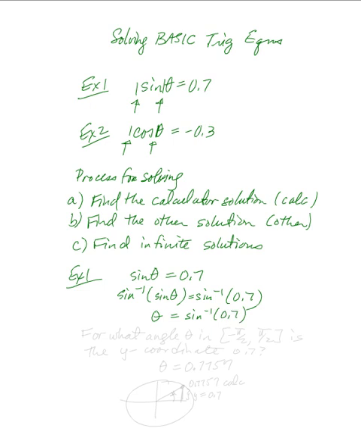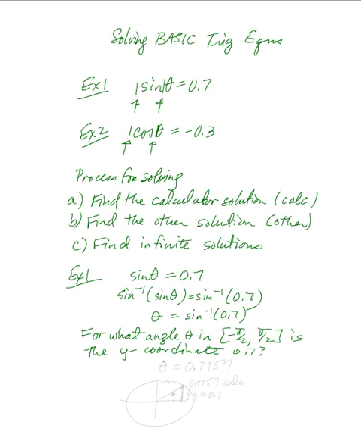Technically, the question you're asking the calculator to answer is: for what angle theta in the interval negative pi over 2 to pi over 2 is the y-coordinate 0.7? Because remember, theoretically, the calculator is restricted to that interval for sine, so it can only look there.